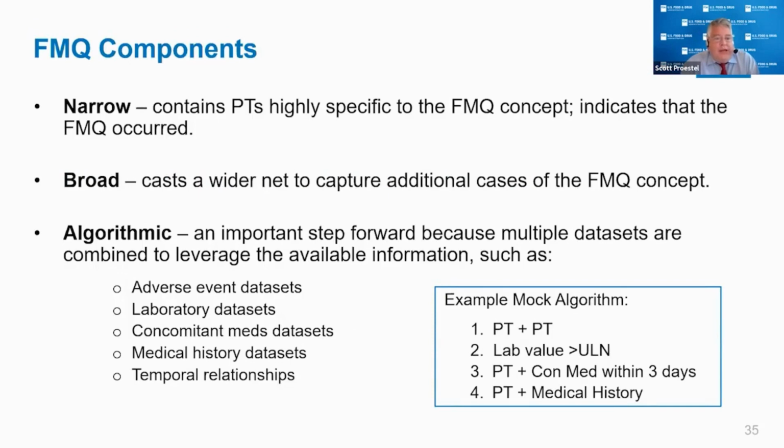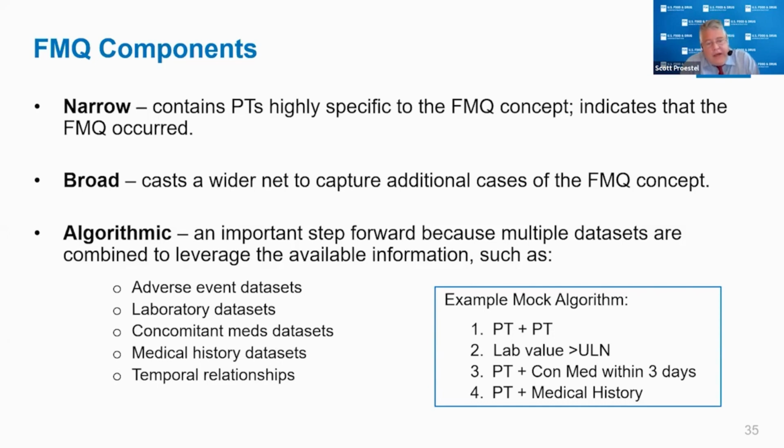So as Vaishali has already told you, our standard FMQs have two components, the narrow and broad, and that applies to all 104 FMQs. But right now, I'd like to go into a bit more depth into the algorithmic component. And that is for 4 of the FMQs, and I'll be describing those momentarily.